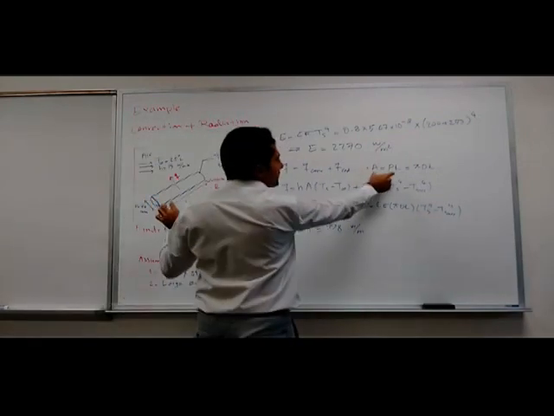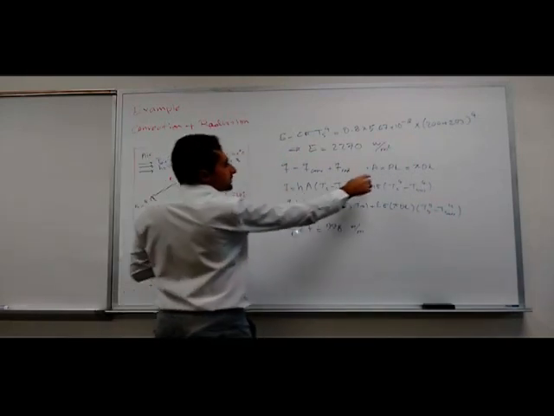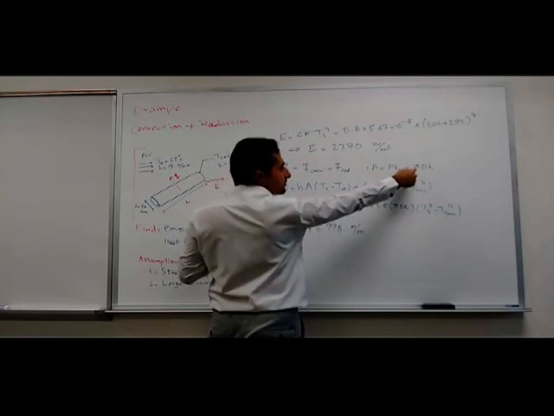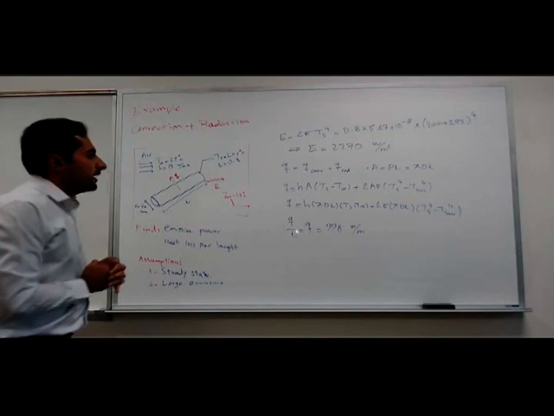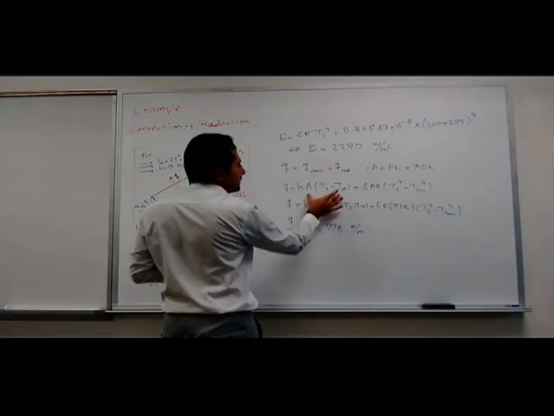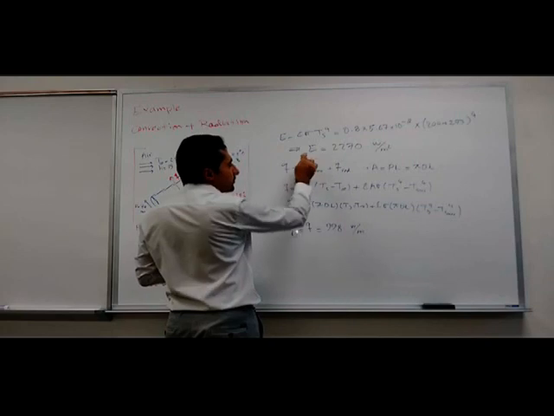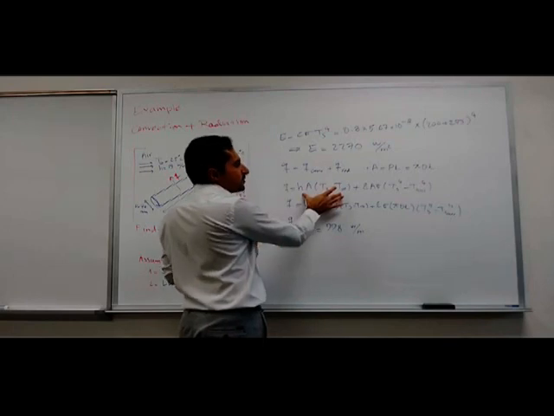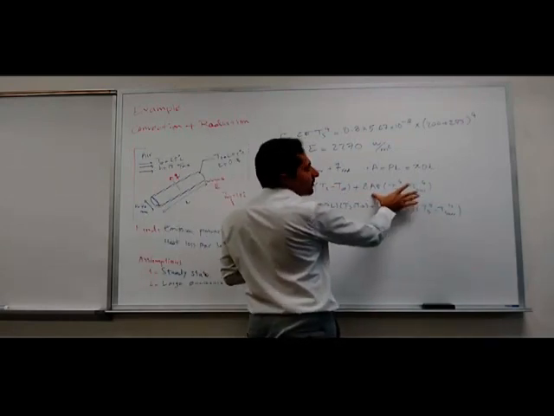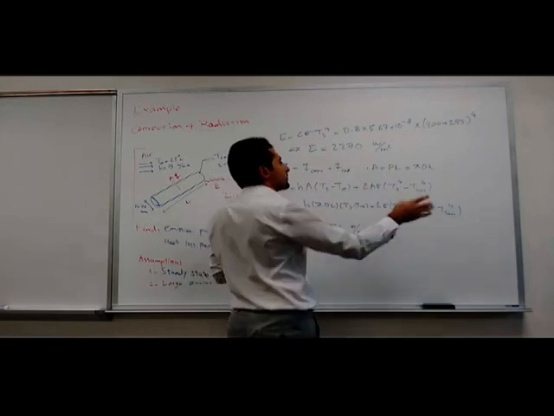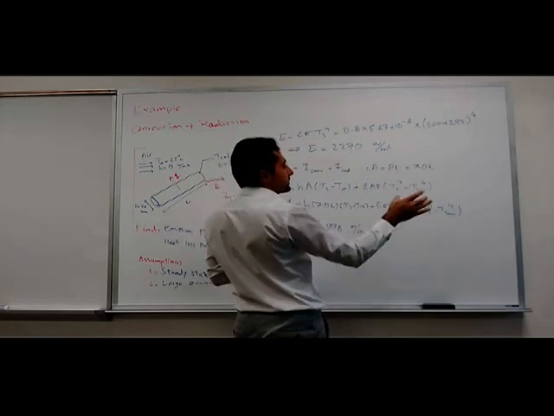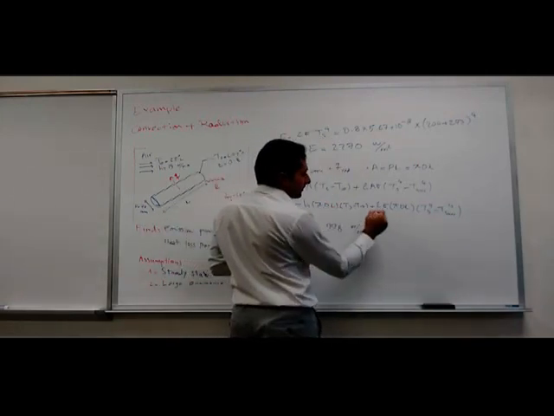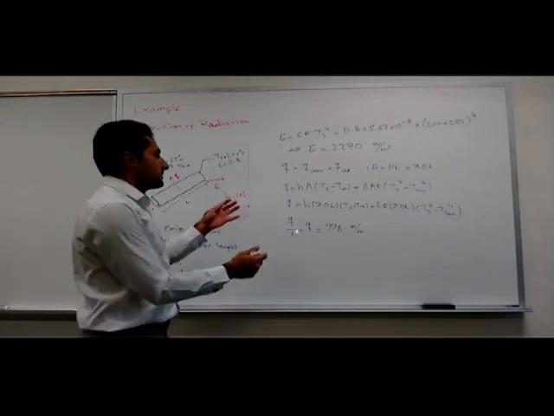The surface area of the pipe is equal to the perimeter of the pipe times L, which is pi d times L. If you plug in the equation for convection, which is Newton's law of cooling, and the equation for radiation heat transfer, we have L on both sides.